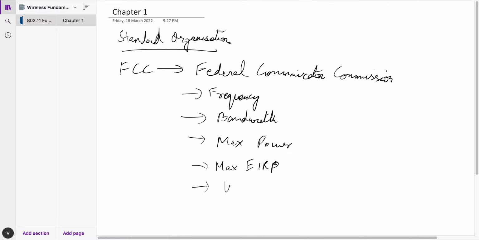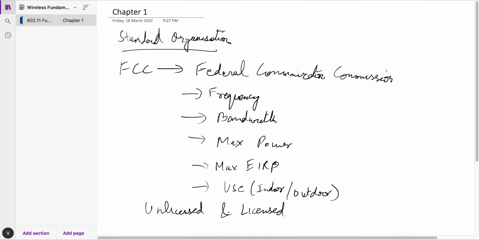They also tell you whether the use can be done indoor or outdoor. They also cover and tell you whether you can use Wi-Fi in the unlicensed band and the licensed band.